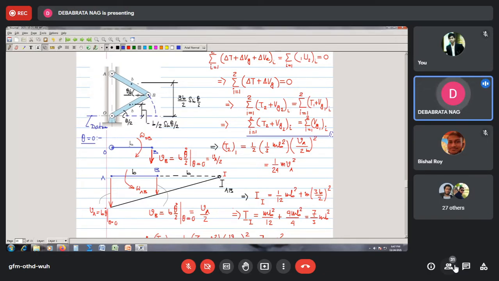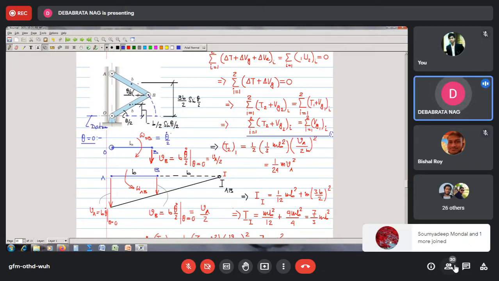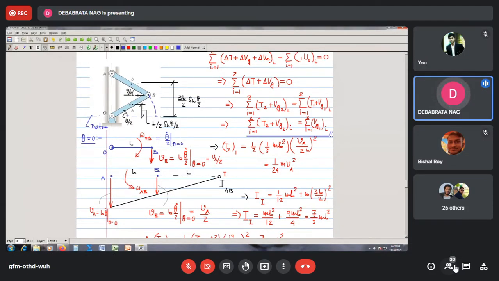Therefore the omega OB, the omega AB, is basically equal to theta dot by 2, and this is for theta equal to 0 position. You need not write that because you already said that I am doing the analysis for theta equal to 0 position. So the point B's velocity will be this omega into B, and that is what I have calculated.